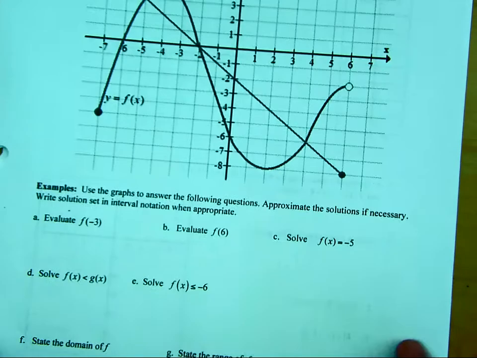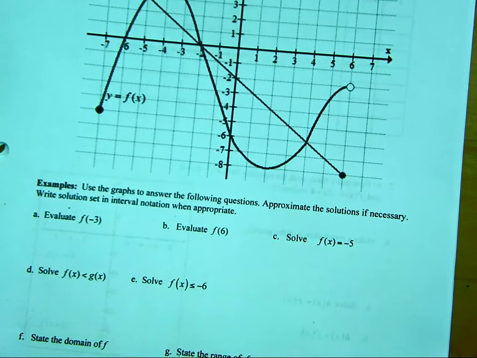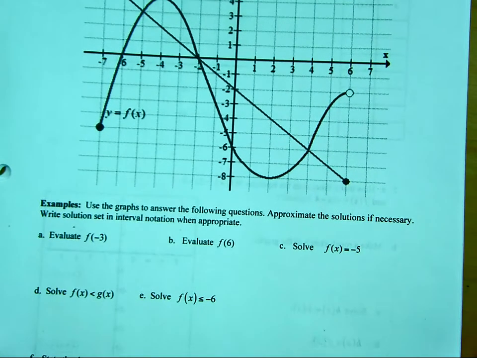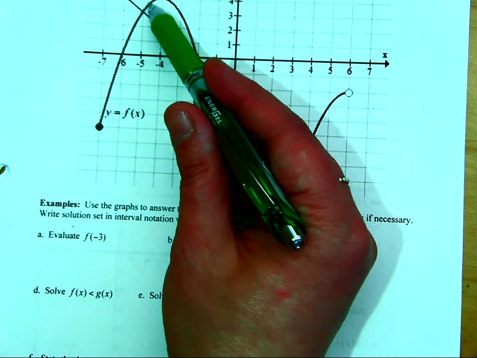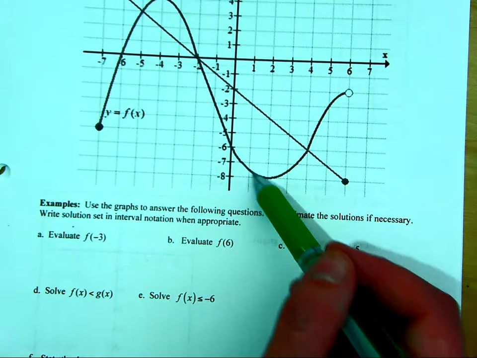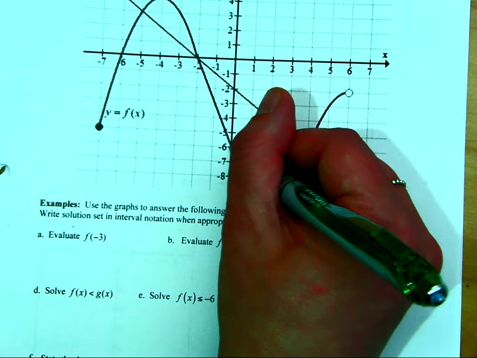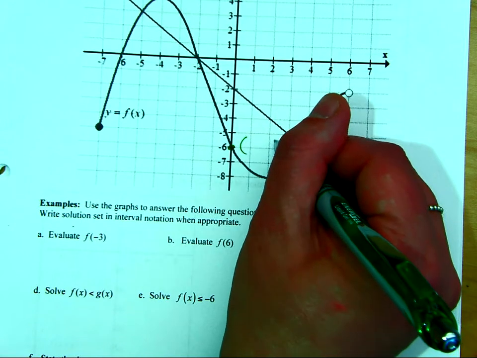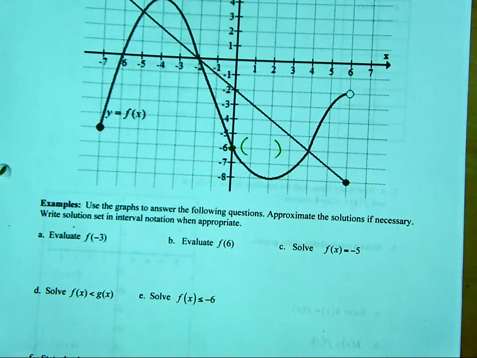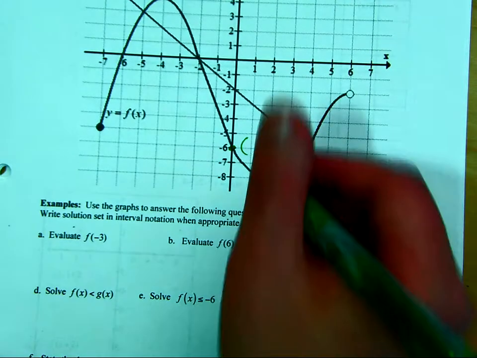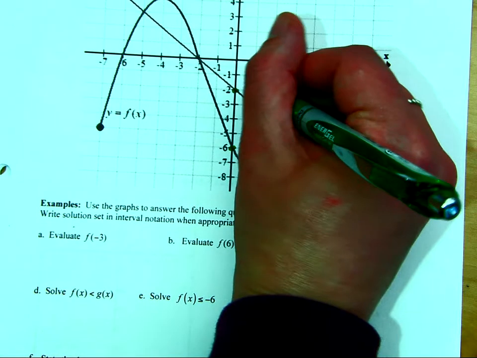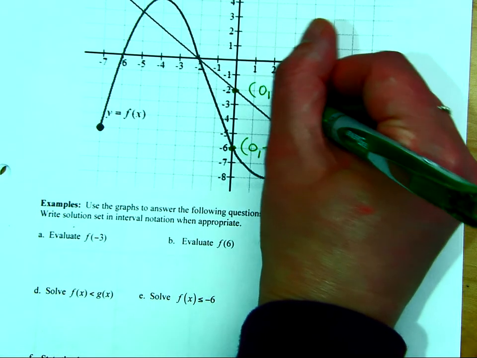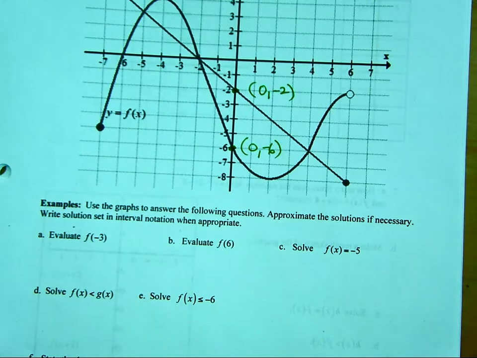When we look at these questions here, we want to be able to answer them based on the graph. Remember that every single graph is just a collection of an infinite number of ordered pairs. So what's the ordered pair of this point? Yes, (0, -6). That's a y-intercept. What's this point here? (0, -2).